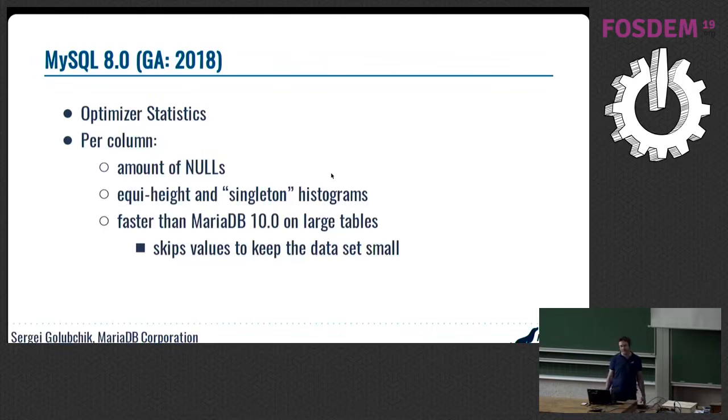Singleton works much better than equi-height if you have data with very few distinct values, like a sex column or a column with yes/no values. This is a case where singleton histograms work and equi-height basically don't. Also, if you try to collect a histogram for a really huge table, MySQL keeps all the data in memory, and it gives a significant speedup compared to how MariaDB 10.0 collects histograms on huge tables.